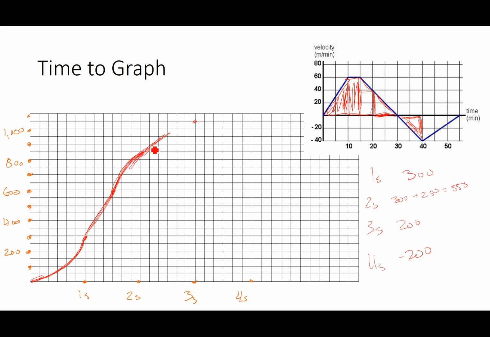So I want to continue this slope here, and now at this point I'm going backwards, but I have negative acceleration. So at 4 seconds I wind up back at 850. So I want to keep that curved line going.